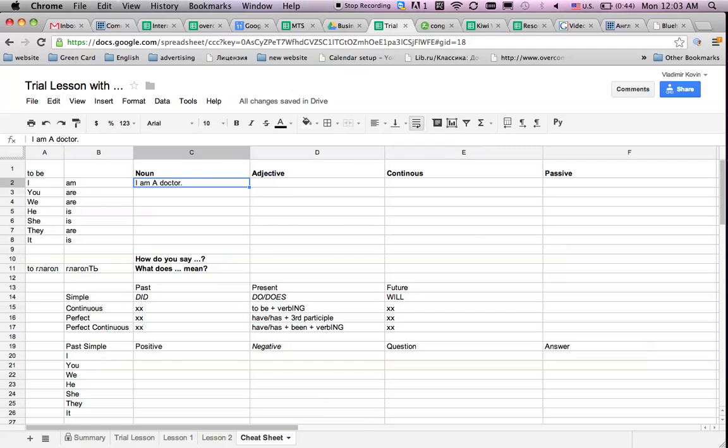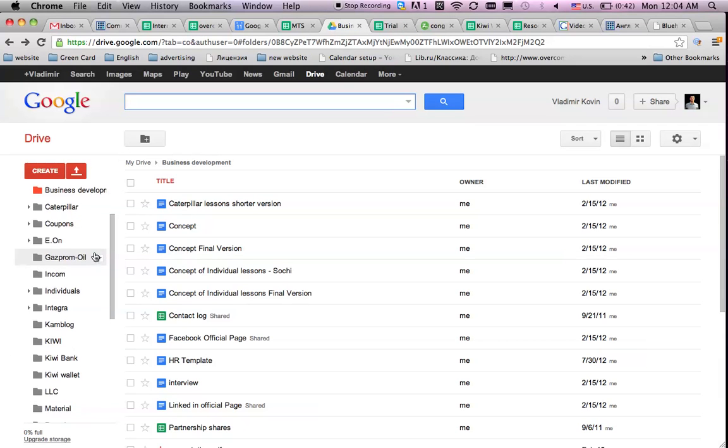You don't copy and paste it as we do in columns A and B in our regular lesson. Then you go to "you," and then they say "you are a teacher." You do the same thing, and so on and so forth with adjective, continuous, and passive. Let me give you an example of what it should look like.